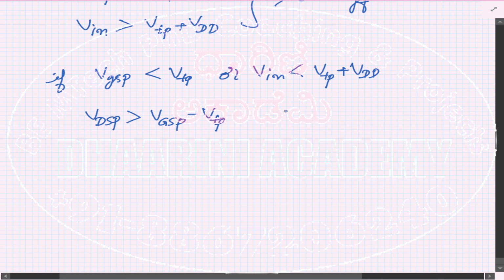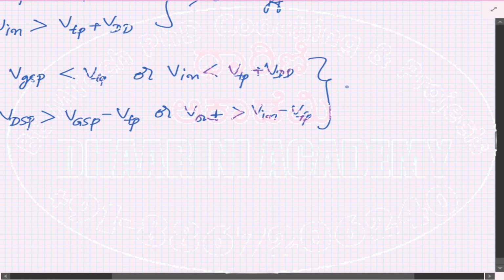Or you can write the same thing: VDSP is nothing but V out. Usually you write a less than here, now you have to reverse the sign because it is PMOS. So VGSP is V in minus VTP. If these conditions are met for a PMOS, then you can say that it's in the linear region of operation. All right.